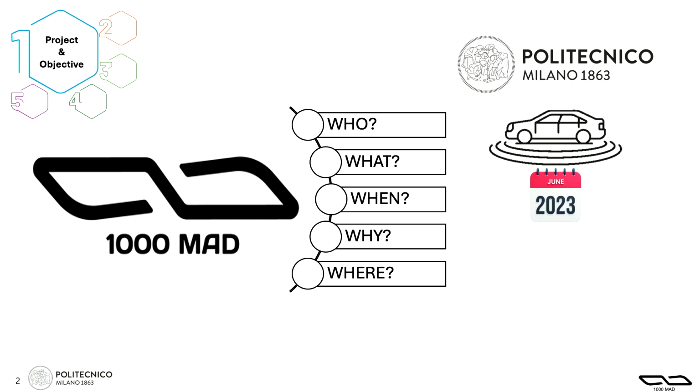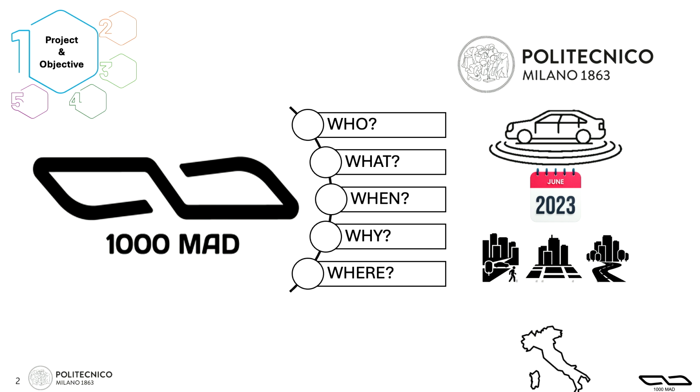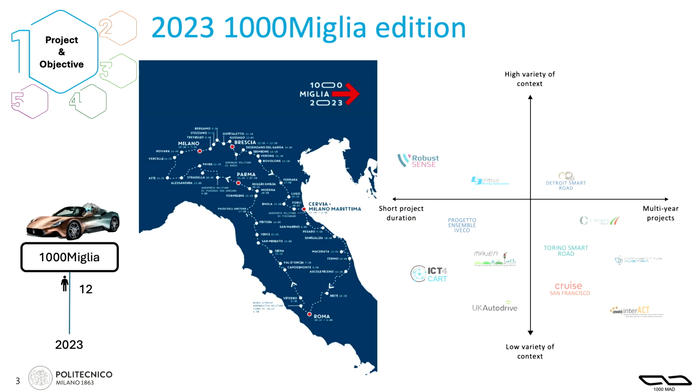that can, starting from June of last year, go around the different cities of Italy, the different types of environments, so urban, extra-urban, suburbs, and highway, around Italy. And this project is very challenging, because last year we made the Mille Miglia race.